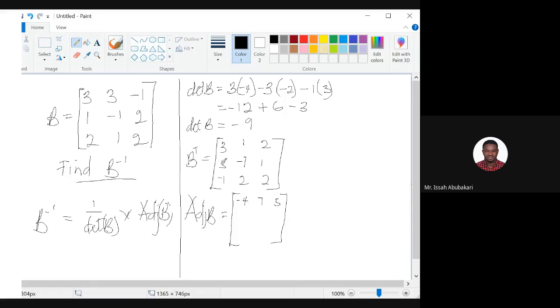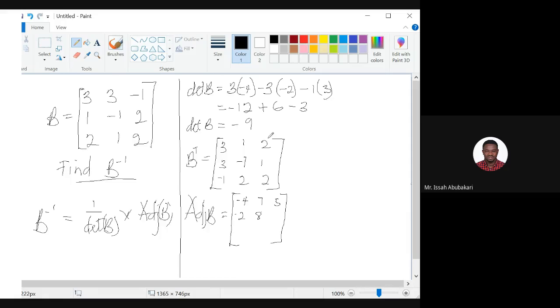The next element, the fourth element: 1 times 2, which is 2, minus 4, so 2 minus 4 is -2. Then 3 times 2 is 6, minus -2, 6 plus 2, that will be 8.